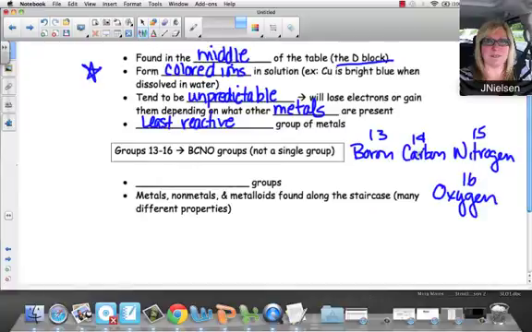So they're kind of on their own out there, and they are referred to as miscellaneous groups. And they have metals, nonmetals, and metalloids found along the staircase with many different properties, which we're going to go into more depth, but for right now we're just doing an overview.